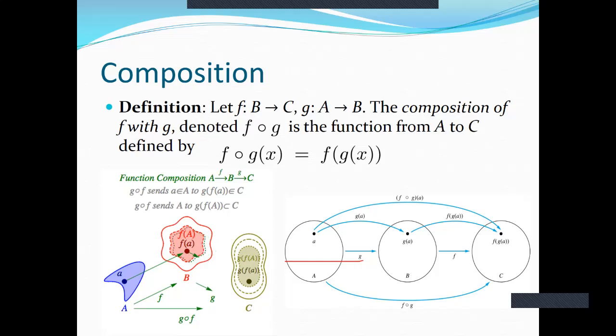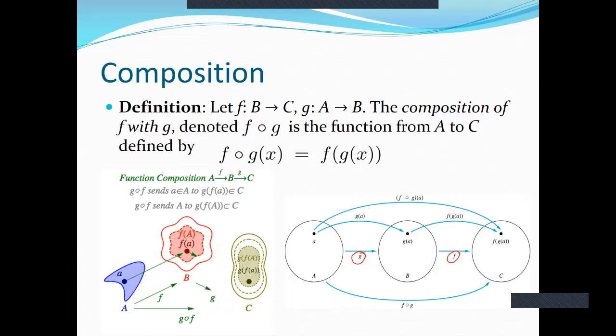G, right? Just one minute, sorry for this, let me erase this. Okay, so for A to B, I have a function G that maps the elements of set A to set B. And then all the elements of B are mapped to another set, C, with the help of one function F, right? So what does that mean?